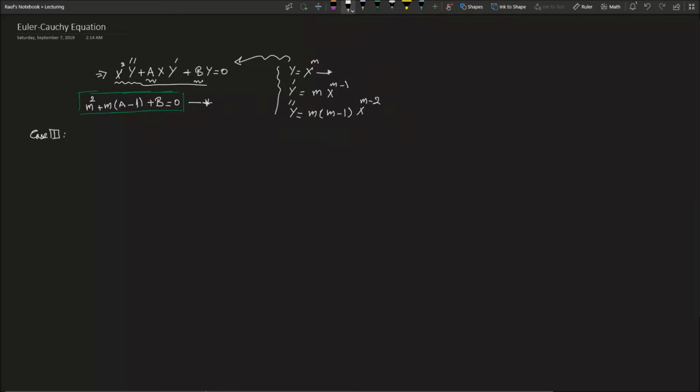In this case, let's say m1 and m2 are real numbers.